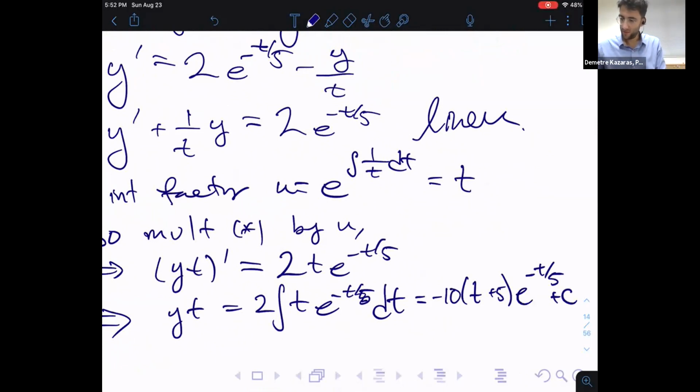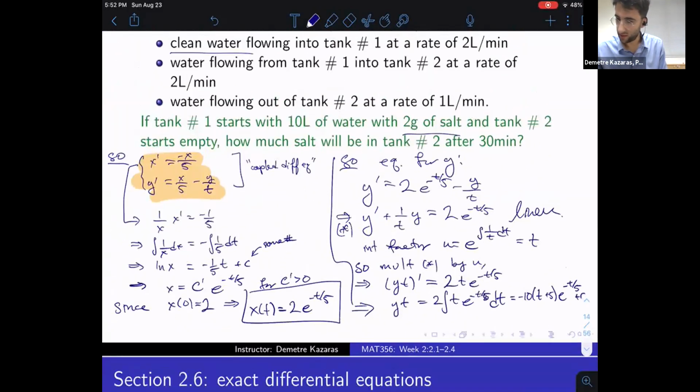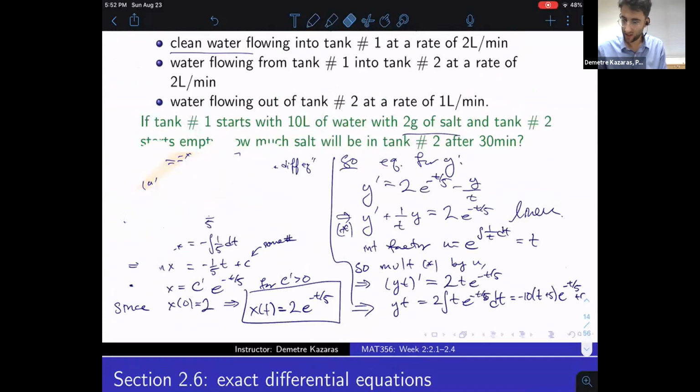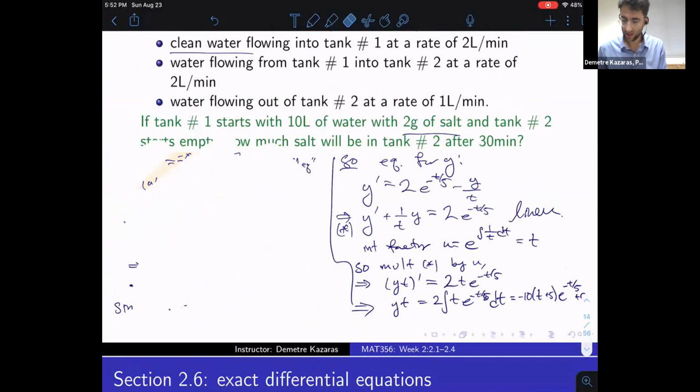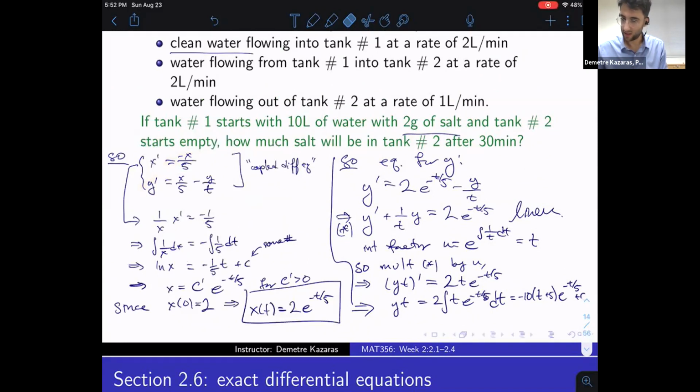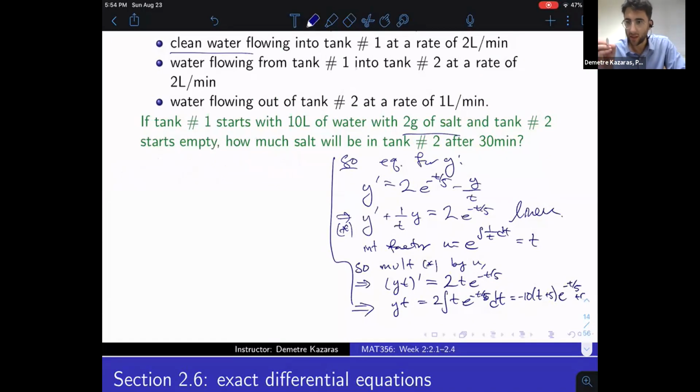All right, so it looks like I will have to do some mild erasing. Okay, so now let us use the fact that the tank starts empty. So y at time 0 is equal to 0. So if I plug in 0 for t, I should get 0 out for y.